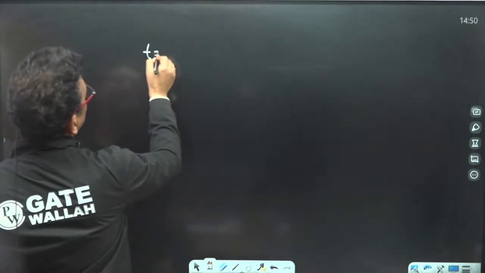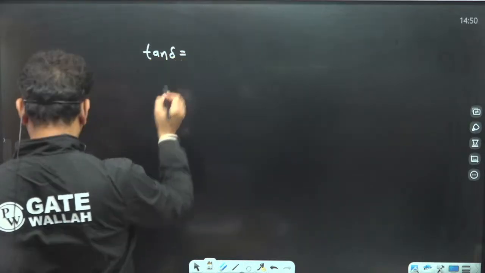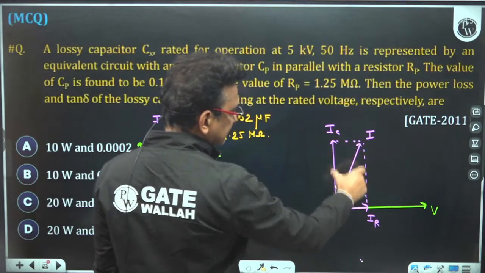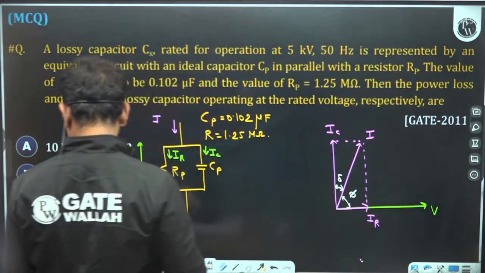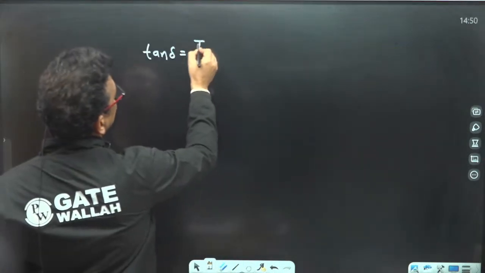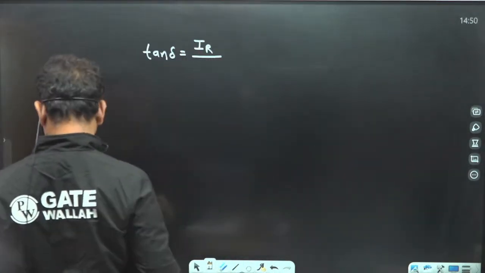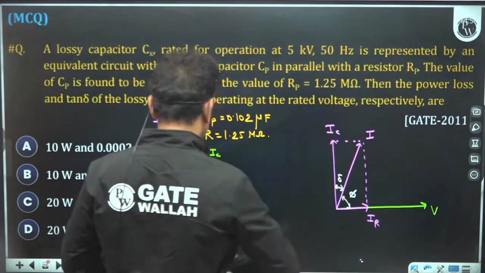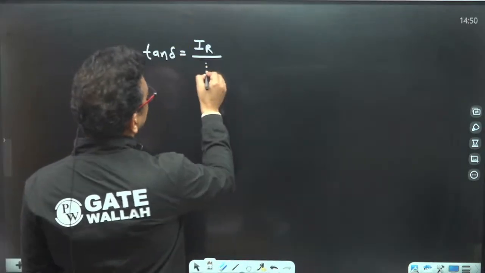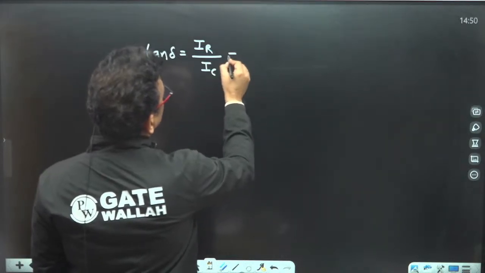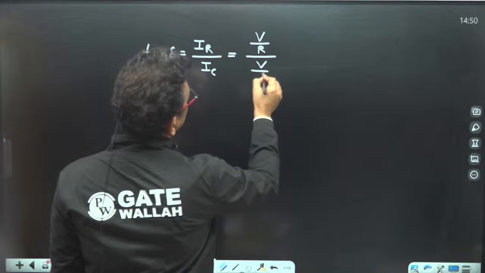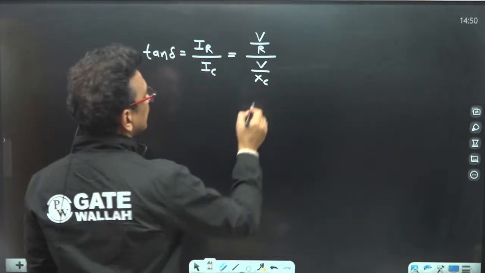Tan delta is perpendicular upon base. The perpendicular is IR and the base is IC. The current through resistance is V upon R. The current through reactance is V upon XC.